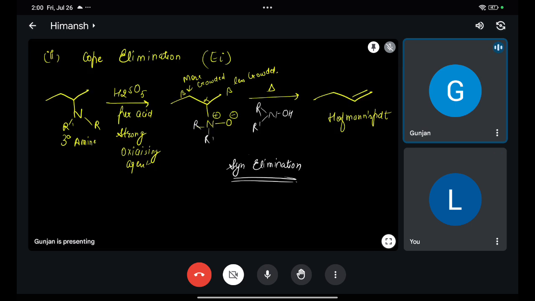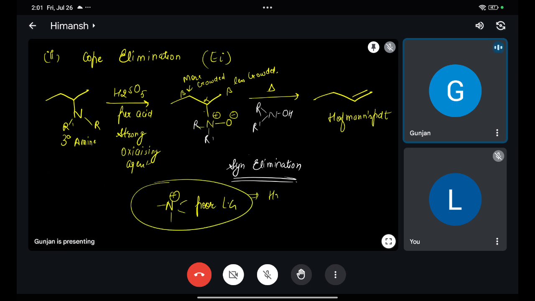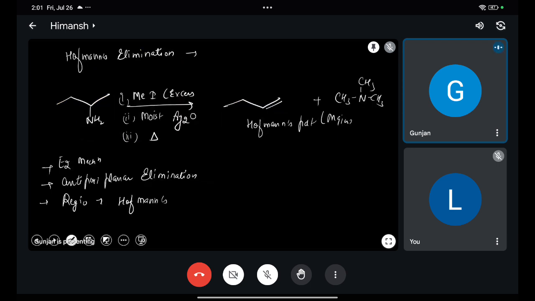I told you that when N positive is there, it's a poor leaving group. And when a poor leaving group is there, you will say Hoffman product will dominate. Remember? Here also, we are again and again supplying methyl iodide. You want me to tell the mechanism of it as well, or no? Can you tell the mechanism also? Okay.